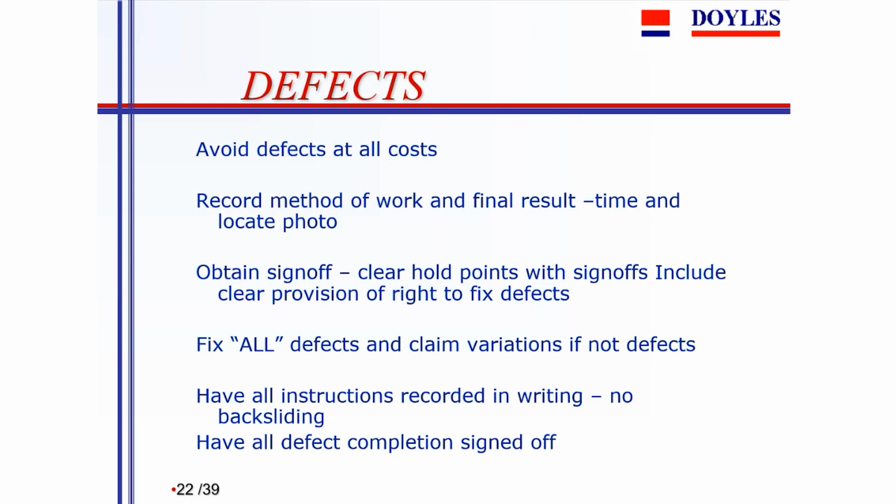The other aspect about instructions, as to how you carry out work and what is acceptable and what's not, is to make sure that you've got all your instructions recorded in writing. So there's no backsliding later on when people say we didn't agree with this, we didn't have that.